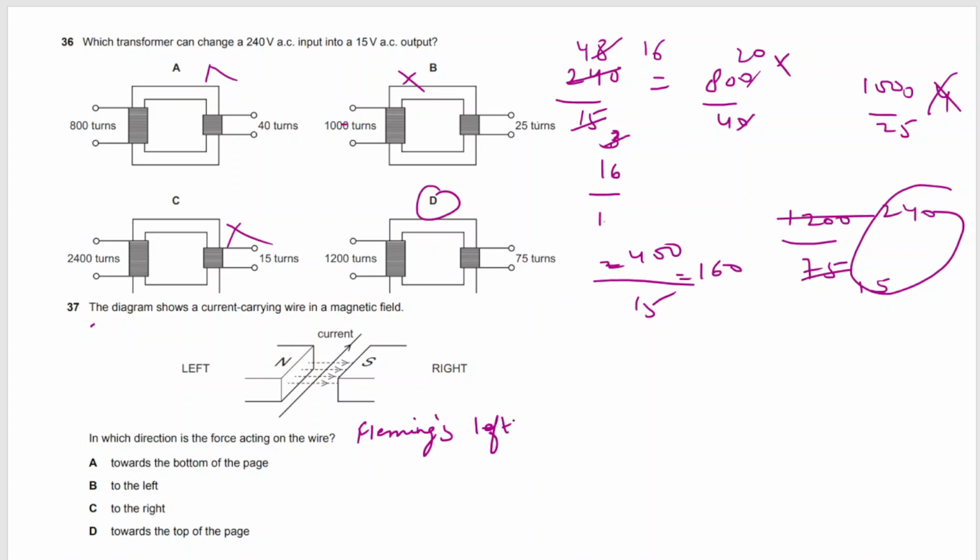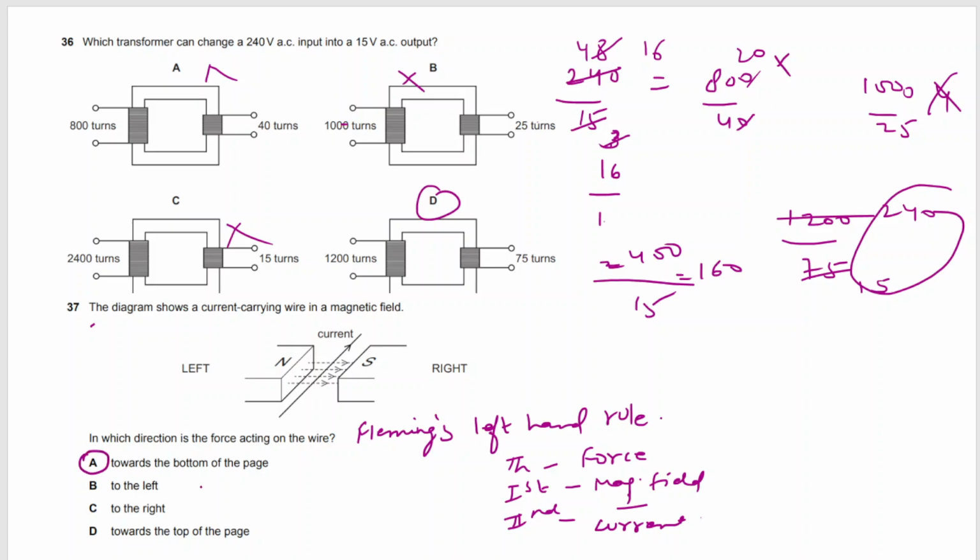If you spread your thumb, your first finger and your second finger at right angles, perpendicular to each other, the thumb shows the force, your first finger is the magnetic field, and your second finger, the middle finger, shows you the direction of current. If you use this, you will find that the force is towards the bottom of the page.